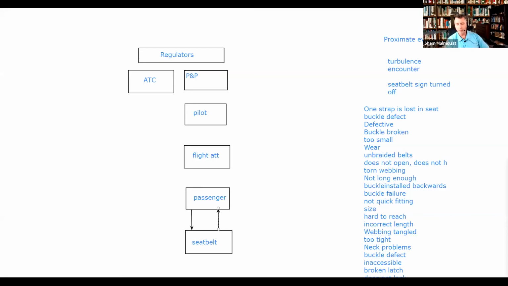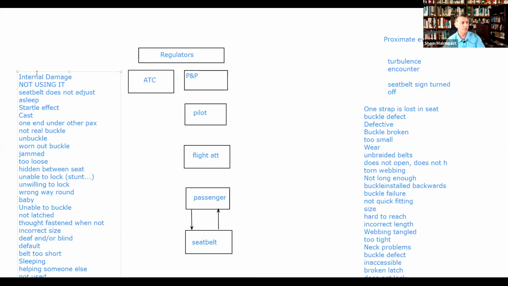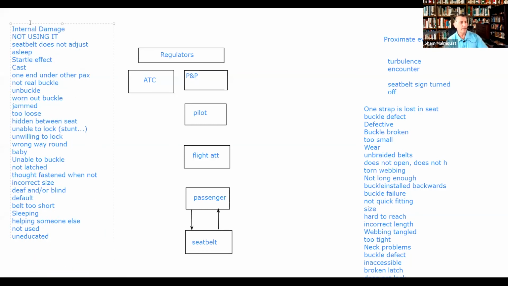Right. And again, what we're looking for is situations where we're trying to understand why it made sense for the person to do what they did. In this case, you can see a lot of examples. Sleeping would be on the down, control side, but on the feedback side, you have a lot of possible reasons why they might have thought it was fastened and it wasn't.